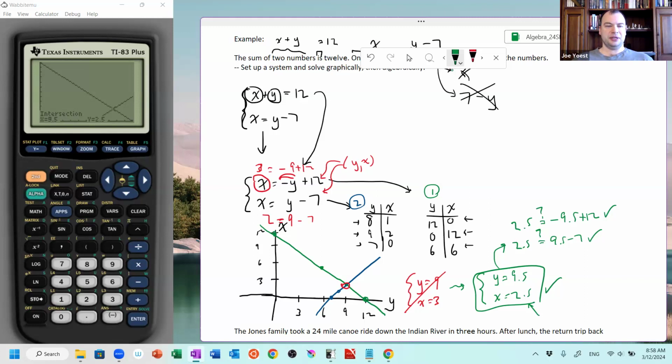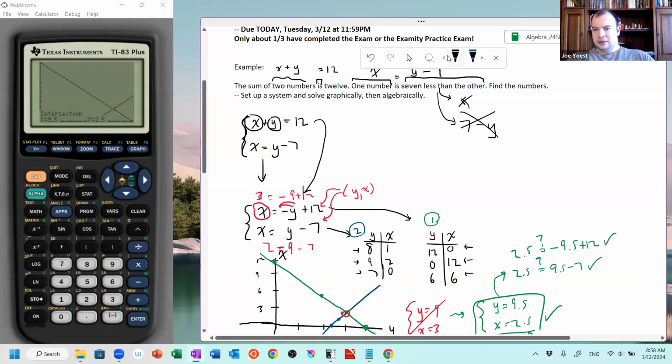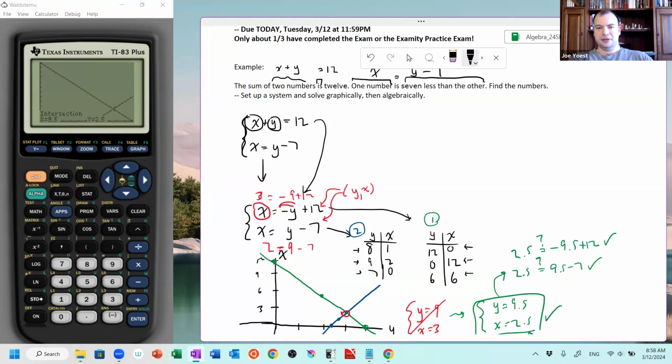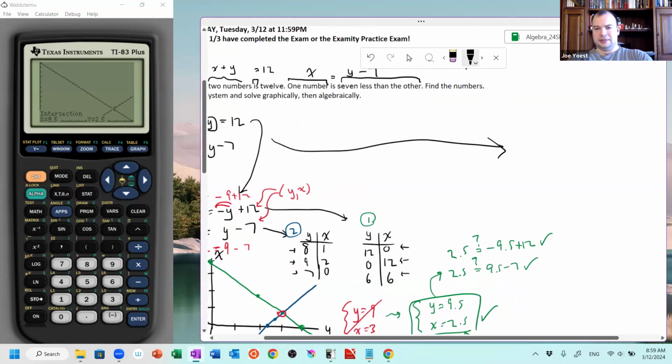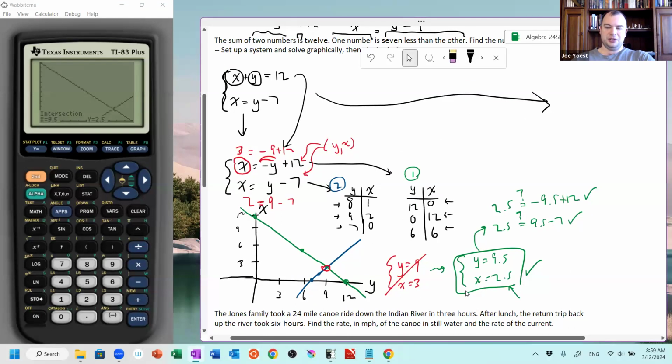The calculator helped get us the exact answer. So that's one of the shortcomings of the graphical approach: we're either reliant on the calculator to get good accuracy, or our drawings by hand are really only going to be accurate enough when we're looking for something like integer solutions or solutions that fall on a pretty clear grid point.